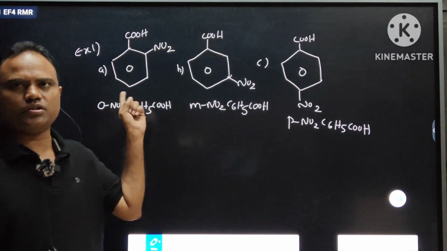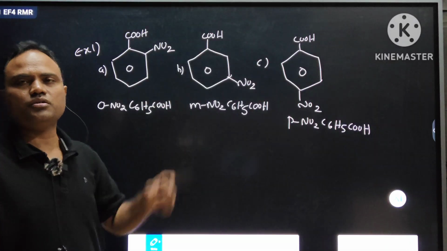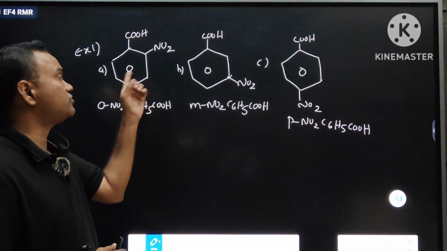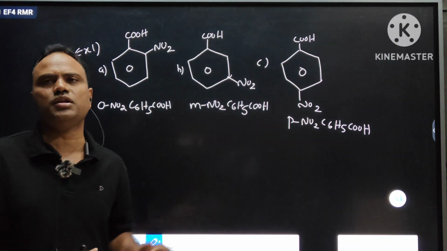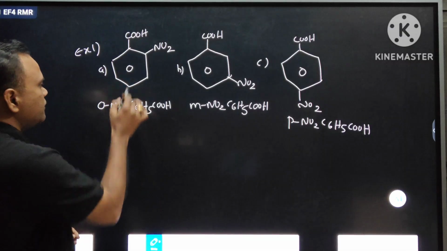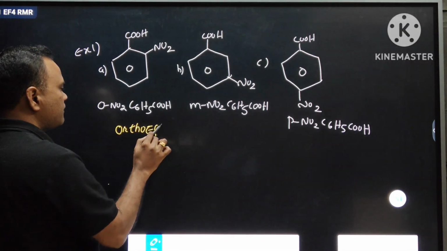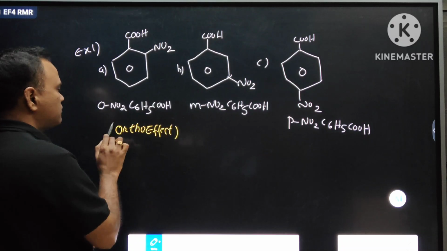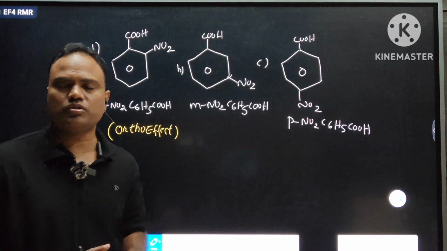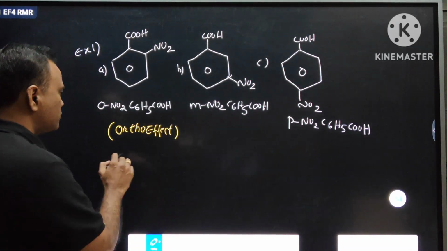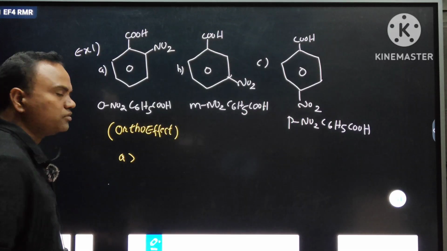In the first option, NO2 is in the ortho position. Ortho substituted benzoic acid will undoubtedly be more acidic. Write the effects here: the ortho effect is present. Ortho substituted benzoic acid is a stronger acid. So no doubt A is greater than the remaining B and C.